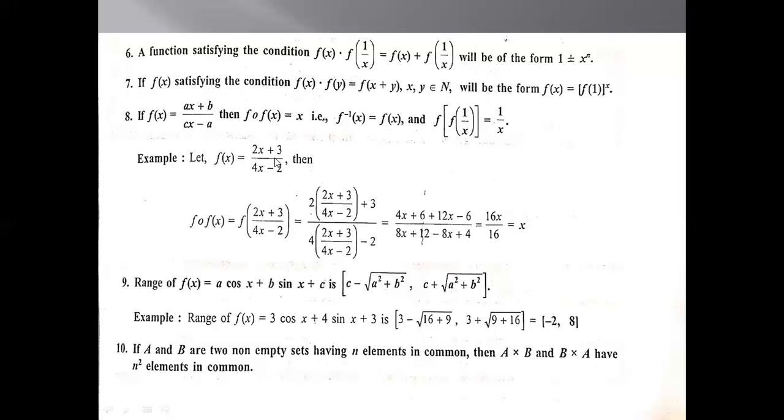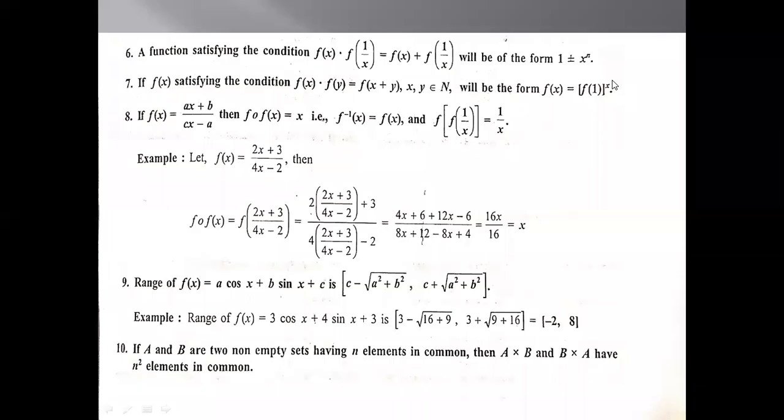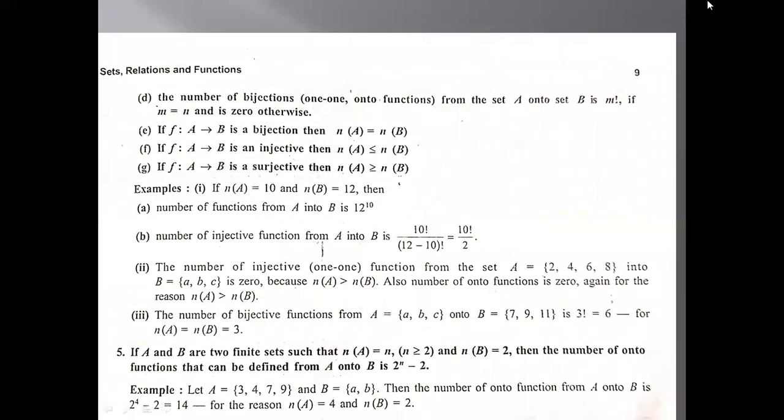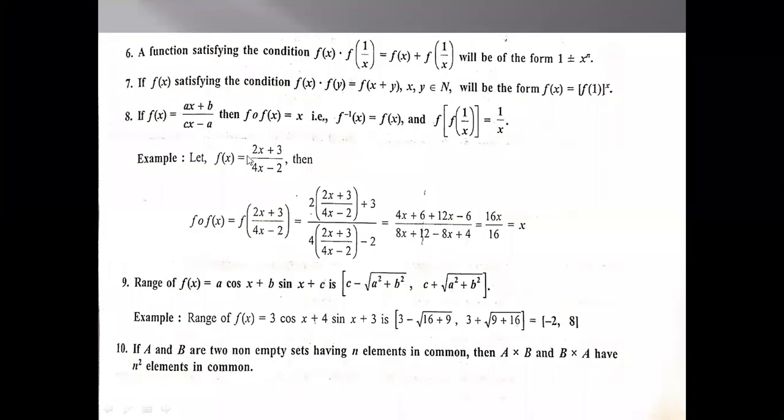So let f(x) be one of the examples. You can apply it just as in this example. This f(x) is equal to (2x plus 3) divided by (4x minus 2). We have to apply f composite f of x.